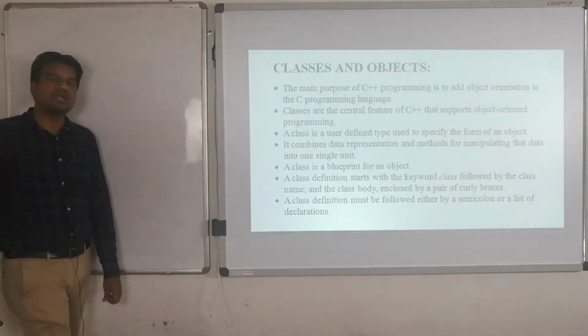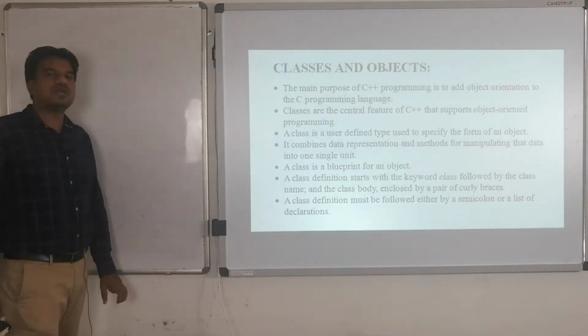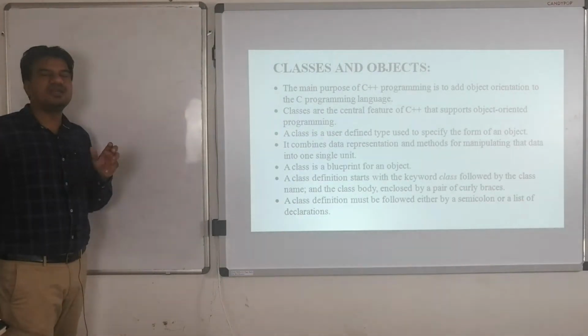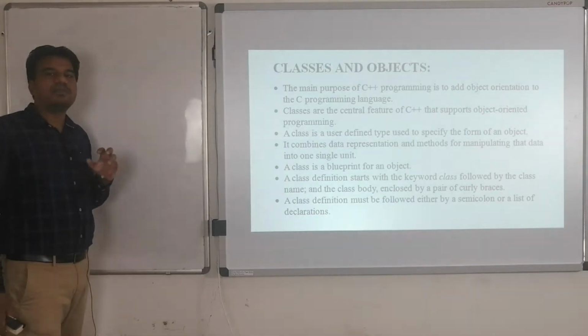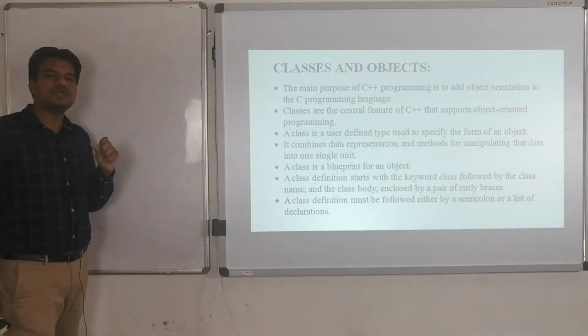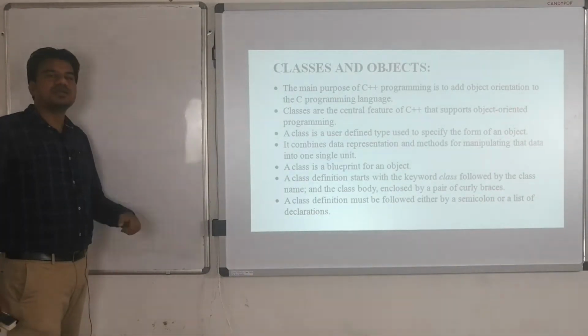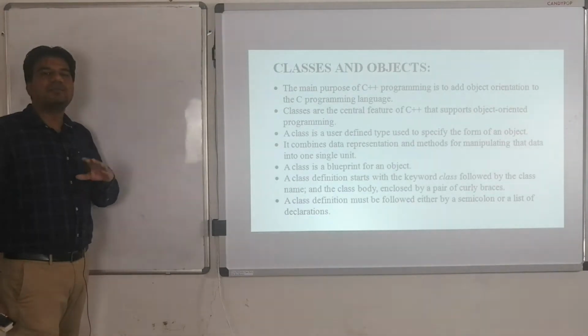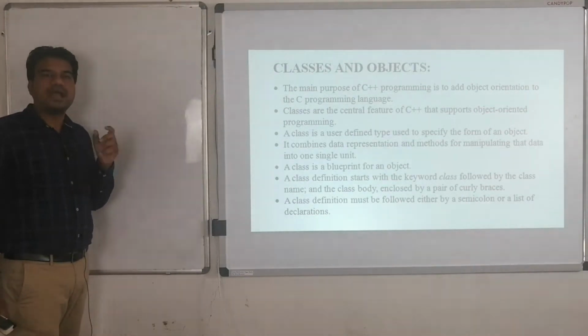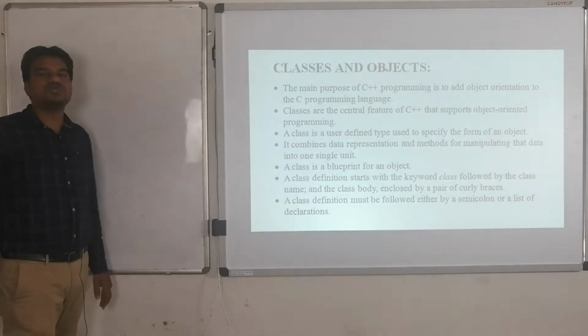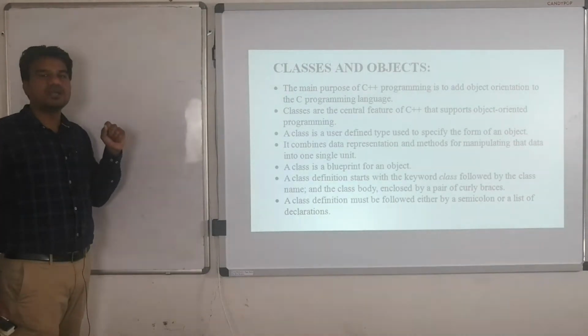I also gave a real-time example. Whenever we are designing or manufacturing a product in the real world, if you consider that product as an object, we are definitely going to have a plan for the construction, the manufacturing, of that object. That plan is nothing but your class.